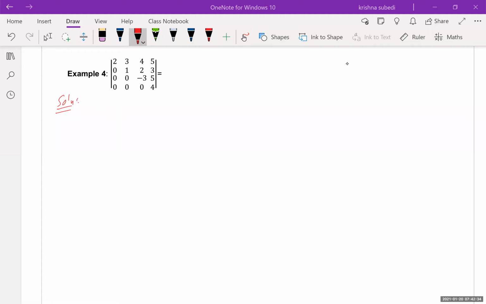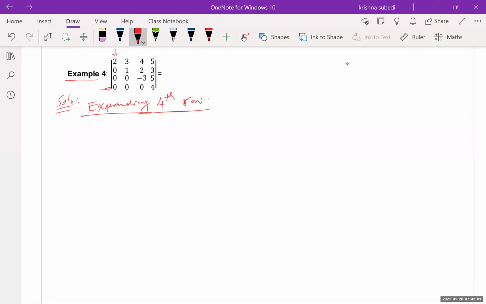Okay, so example 4, if you want to make your life easy, I suggest you expand either the first column or the third row because that has more zeros in it. So let us expand the third row. If I expand, no, not third, fourth, sorry, fourth row.